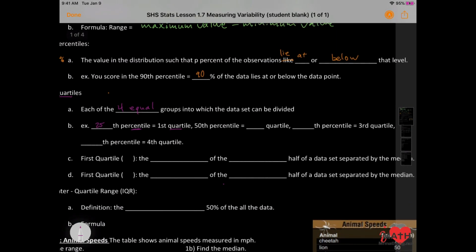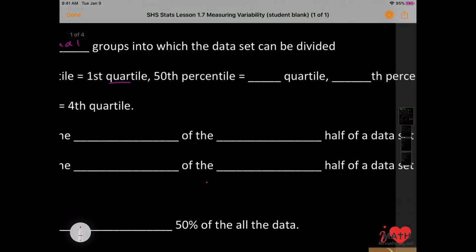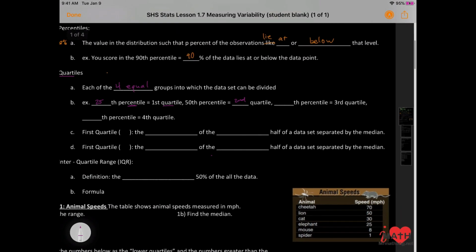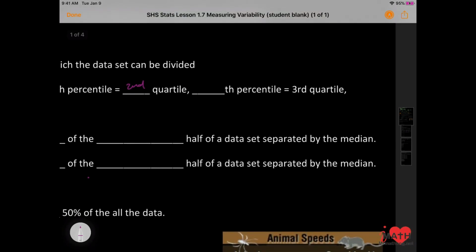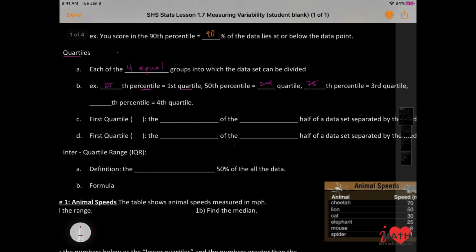The 50th percentile, going from cents to quarters, is the second quartile. So 25th percentile, first quartile; 50th percentile, second quartile. What do you think that means for the third quartile? The 75th percentile, and the 100th percentile is the 4th quartile.